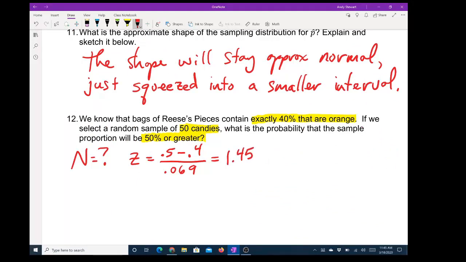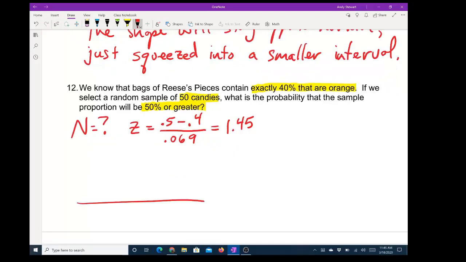The z-score is 1.45. So the mean would be at 0.4, and I'm going to say it's normal. 0.5 is going to be about 1.45 standard deviations away, so I'm going to put it right here. Very not good graph, but basically we're looking for this area under the curve here, not this.